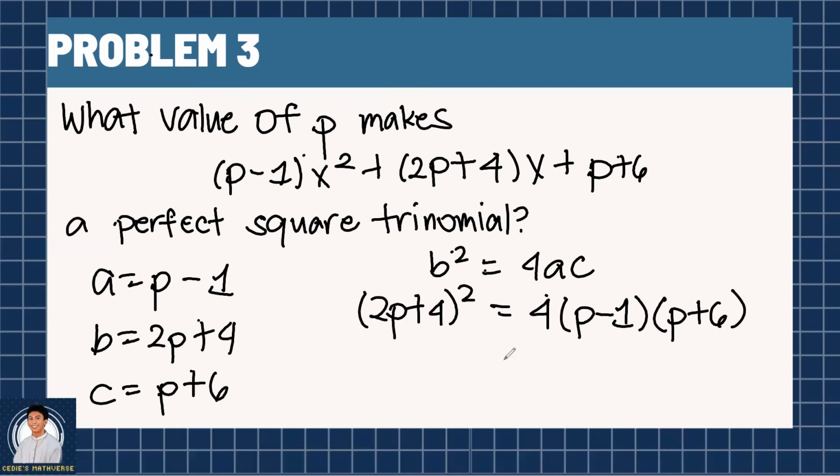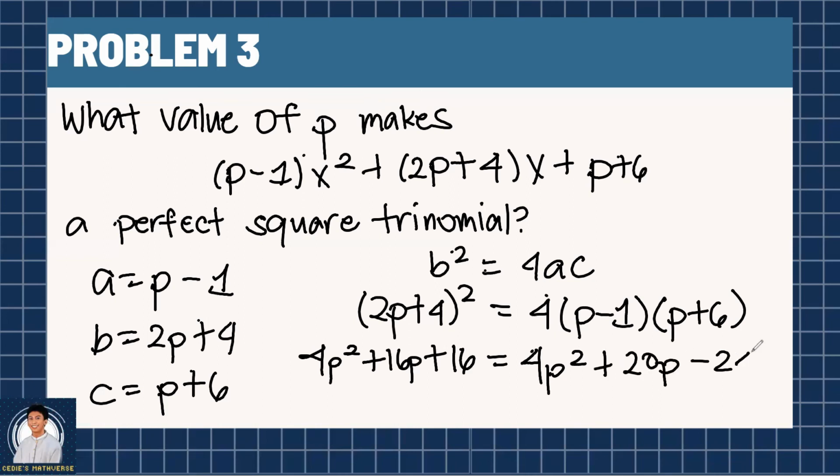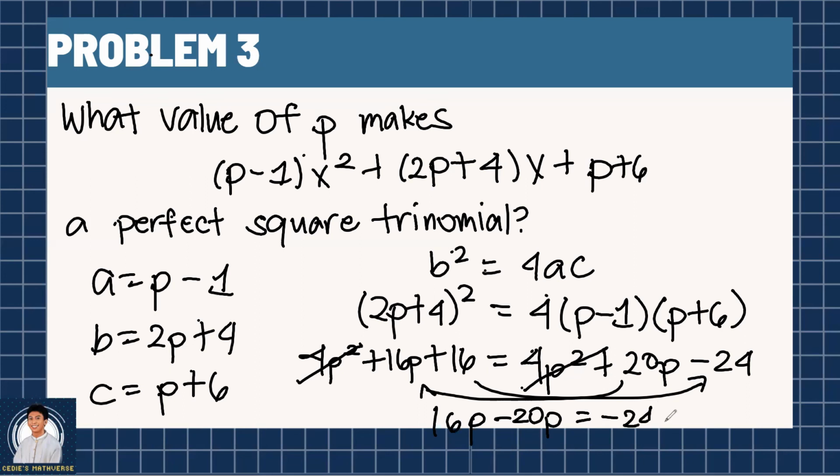Expanding these two expressions gives us 4p squared plus 16p plus 16 equals 4p squared plus 20p minus 24. Then, we get to cancel these two, and then we move the constant to the right hand side and the linear terms to the left hand side. 16p minus 20p equals negative 24 minus 16.